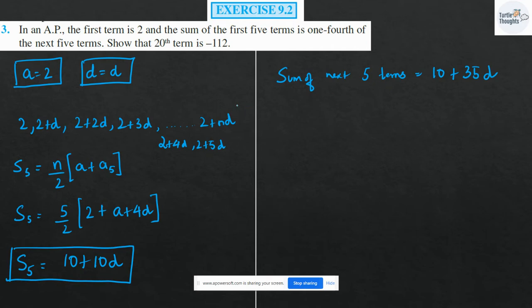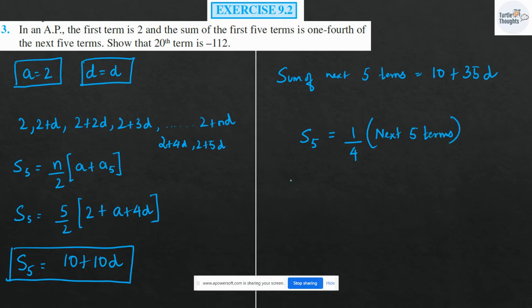According to the question, what they have given is the sum of first 5 terms. So I can write that S5 will be equal to 1/4 of next 5 terms.